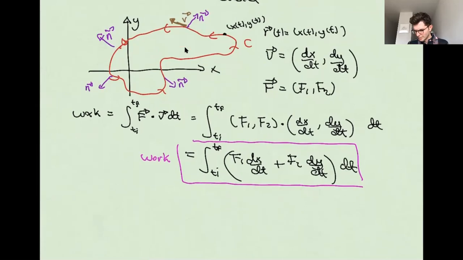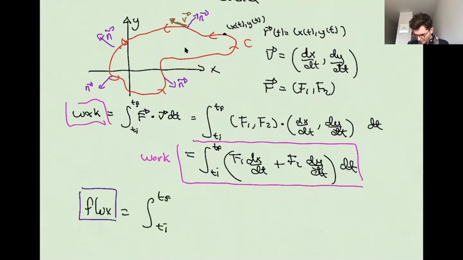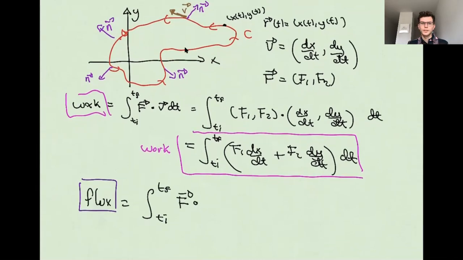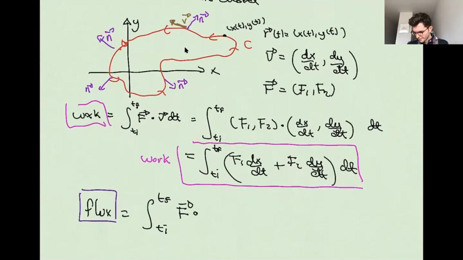And so the definition for flux is just the same integral that we had before of f dot, but instead of taking the dot product with velocity, you take the dot product with this normal vector.